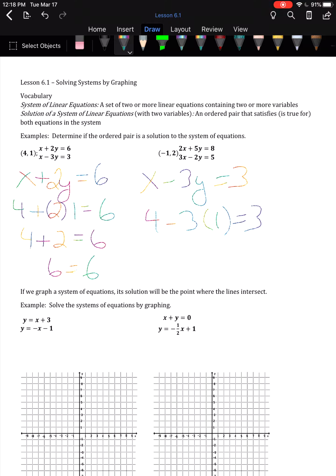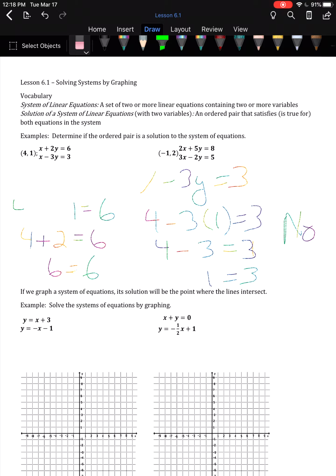And pretty quickly, I think we can see it's not. 3 times 1 is 3, and 4 minus 3 is 1. 1 is not equal to 3. So, no, (4, 1) is not a solution to this system because it doesn't work in both equations.